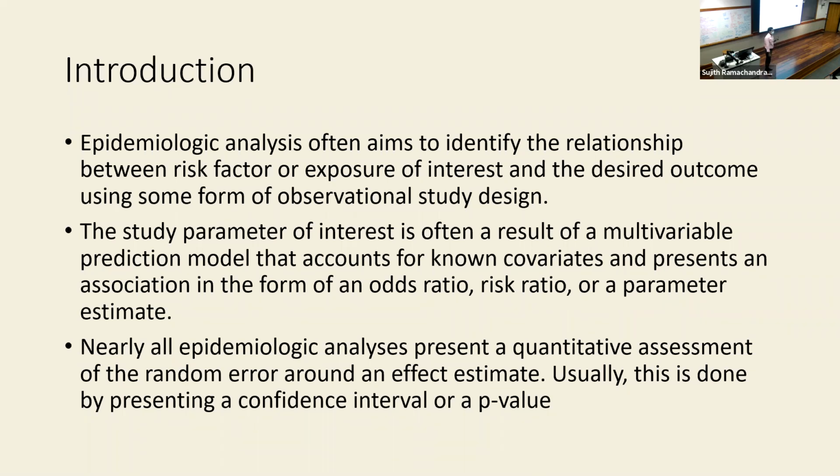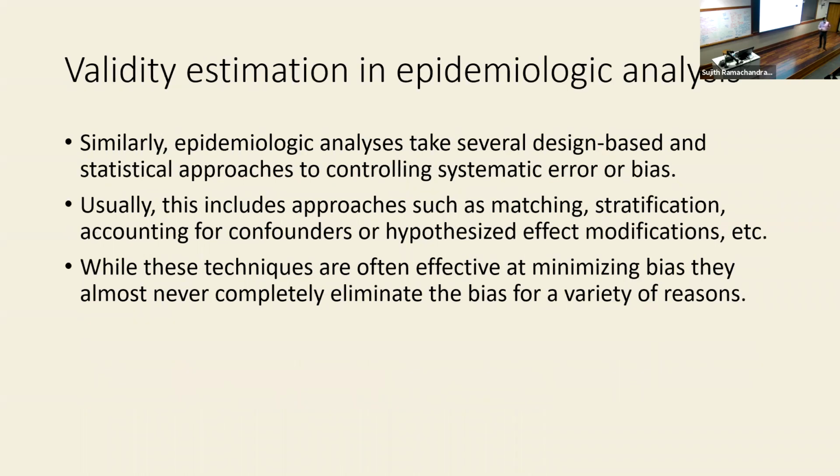In pretty much every single epidemiologic or social behavioral research paper you read today, these effect estimates are combined with a well-conducted statistical analysis that demonstrates the scope of error that affects your association, right? Usually that's a 95% confidence interval or a p-value, and they give you a representation of how much random error goes into that association estimate. That is pretty much standard in every paper we see. That's the random error part.